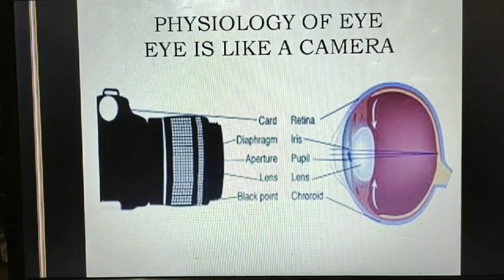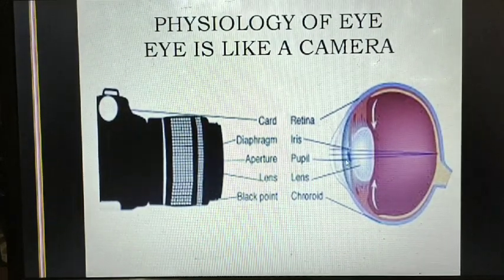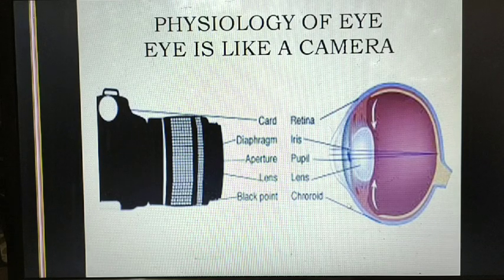And at the center of the lens, there is a small hole which is known as a pupil. So the size of the pupil varies, depends on the light intensity. So here we can see all the parts of the eye are similar to the parts of the camera. So we can say that the eye is like a camera.